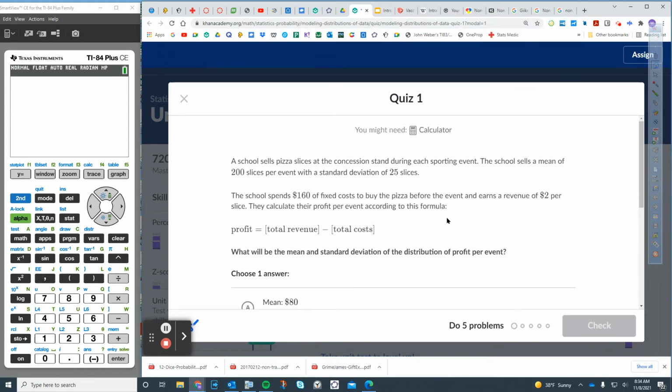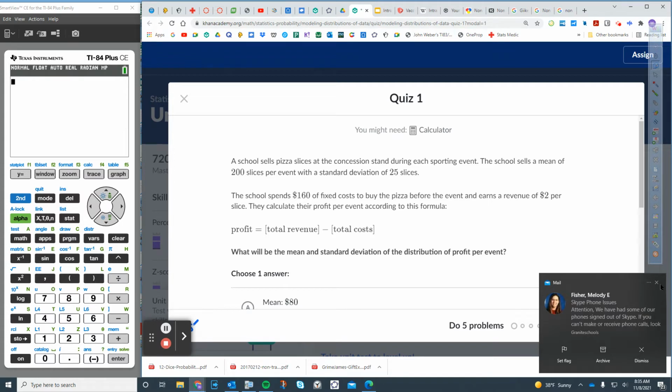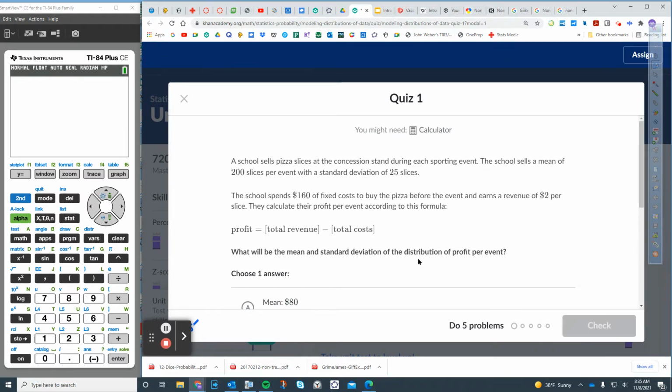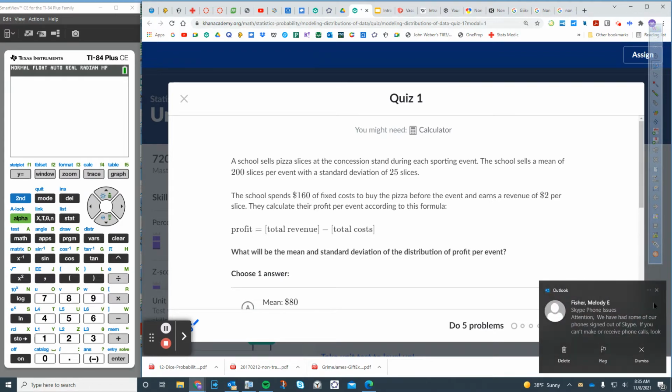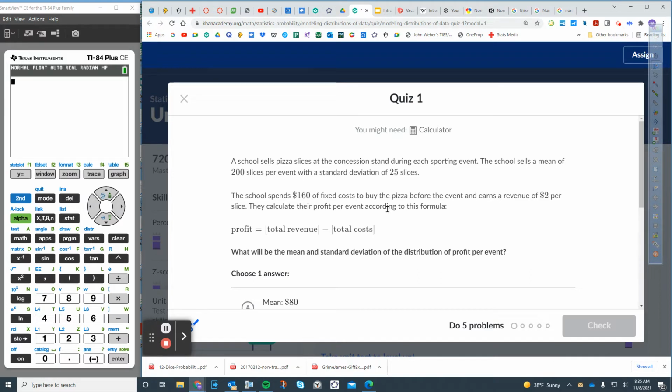A school sells pizza slices at the concession stand during each sporting event. The school sells a mean of 200 slices per event with a standard deviation of 25 slices. The school spends $160 of fixed cost to buy the pizza before the event and earns a revenue of $2 per slice.